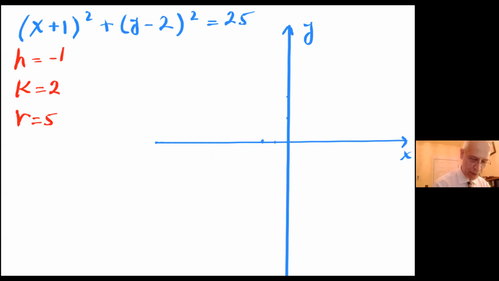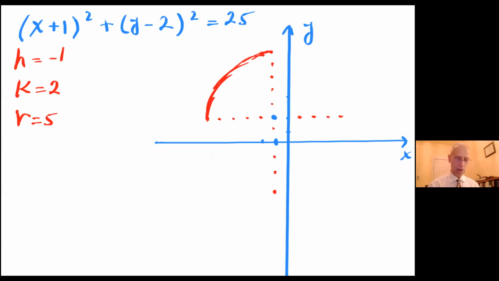Let me make my tick marks smaller. Here is the center, and I go 5 up, 1, 2, 3, 4, 5, and likewise 5 in each of the other directions. And here is the graph of this circle.